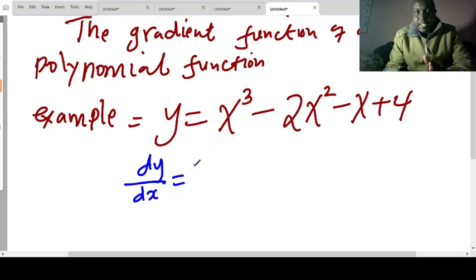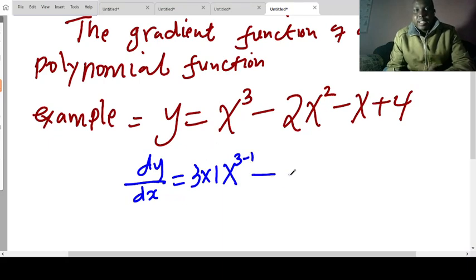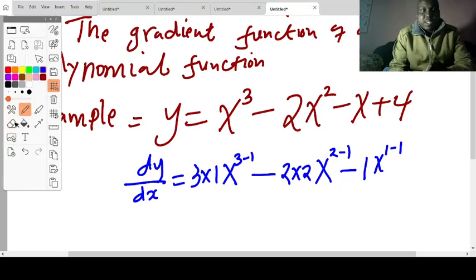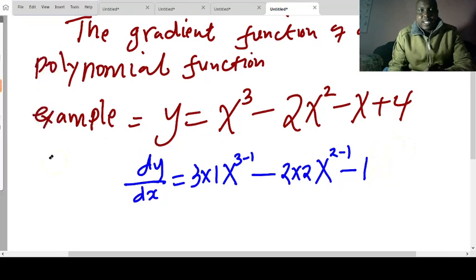So it will be 3 times 1, the coefficient, and then x to the 3 minus 1. The next one, the coefficient is 2, the power is 2. So we are going to have 2 times 2, and then x to the 2 minus 1, minus this one, x, the coefficient is 1, and x to the 1 minus 1, because the power is 1, so 1 times 1. Okay, I'm changing something because I want to make it very slow and very simple for all of us.